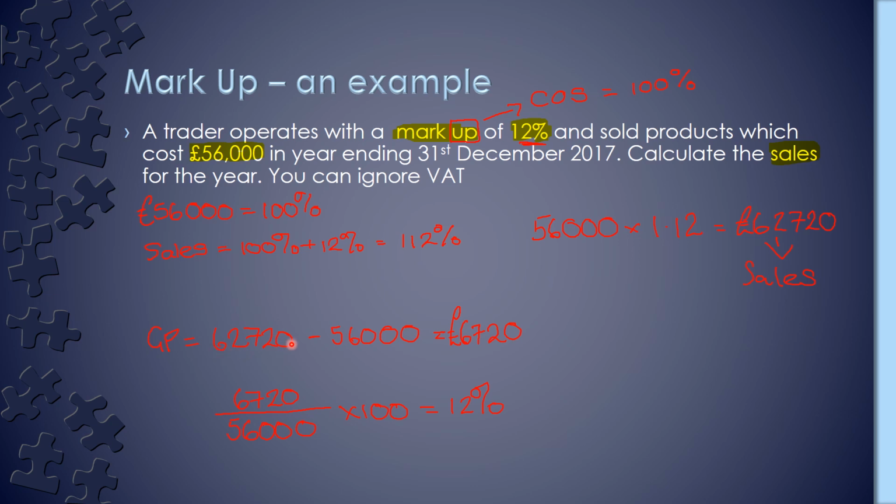We take away what it's cost us to make those sales, which gives us our total gross profit. Put that back into our markup formula, our gross profit divided by our cost of sales times by 100, and that comes back to the 12% that we were given. So it's really good in both of these. You can see how you can actually come back and check your answers.